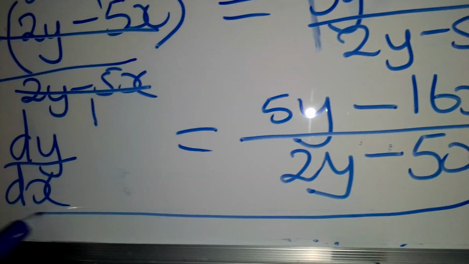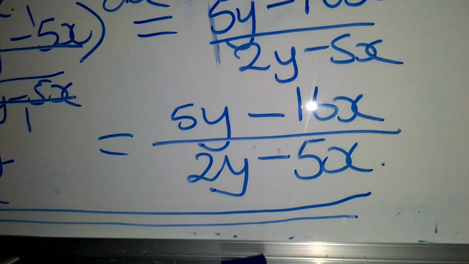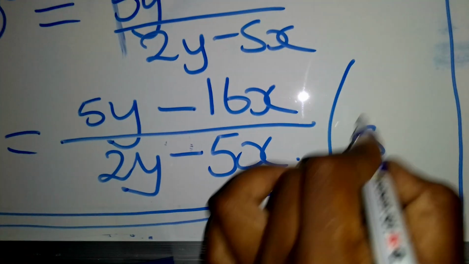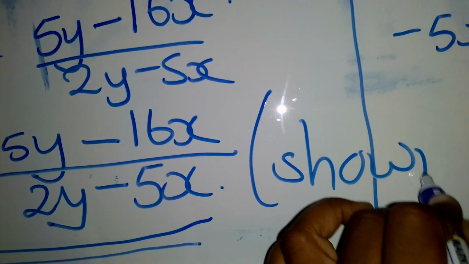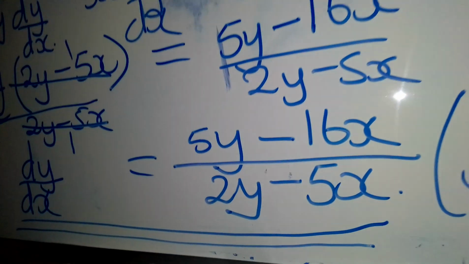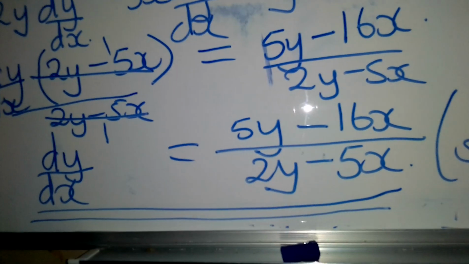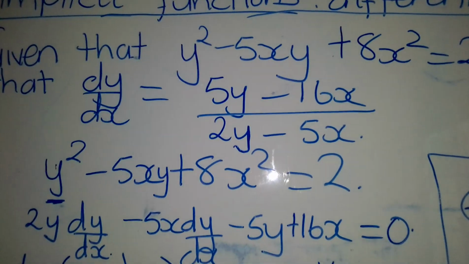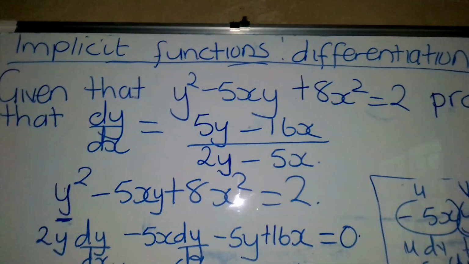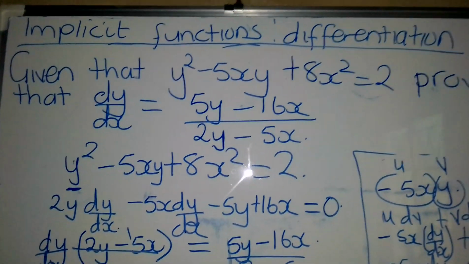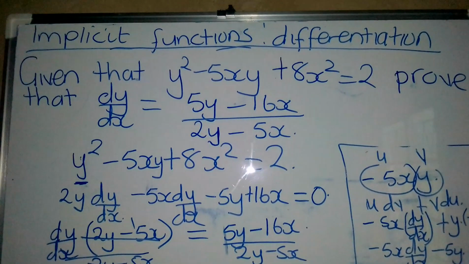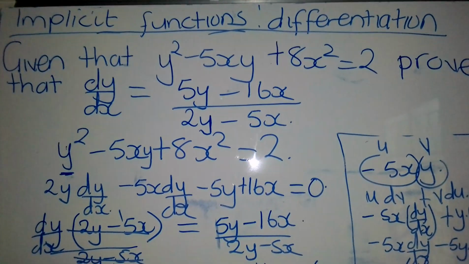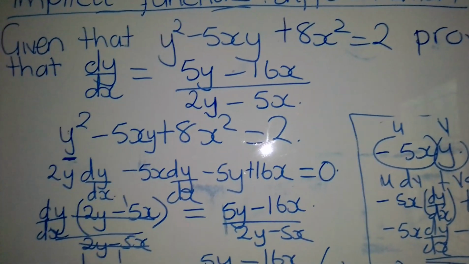So we've managed to prove, shown or proven, that dy/dx is equal to (5y minus 16x) all over (2y minus 5x) from our implicit function y squared minus 5xy plus 8x squared is equal to 2.